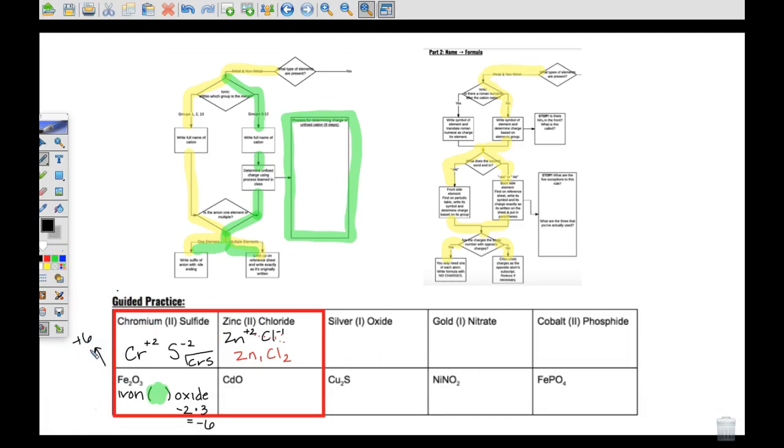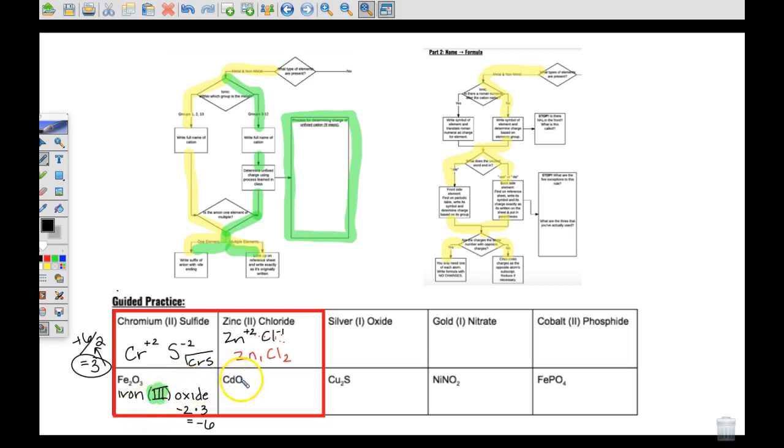We're up here, sorry guys. According to my formula, I only have 2 atoms, so I have to take that +6 charge and divide it in half because I have 2 atoms. So that means each atom of iron has a +3 charge, and the Roman numeral for 3 is 3 lines next to each other.